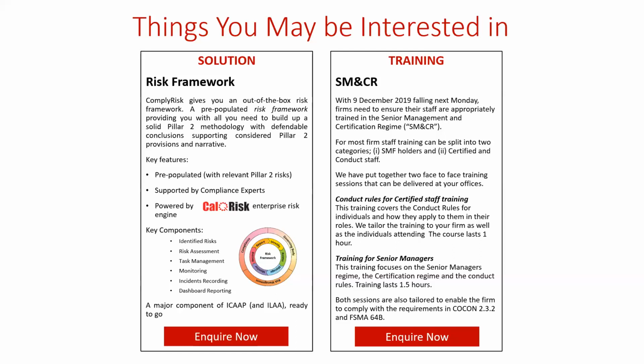AML is relevant to all firms under UK law, bribery, etc. And these all entail risks within a firm. A firm should have measures and controls in place to head off any possibility of being used for money laundering, etc. So really, the ICAP should cover the whole firm.